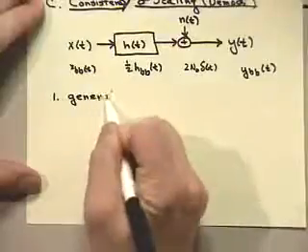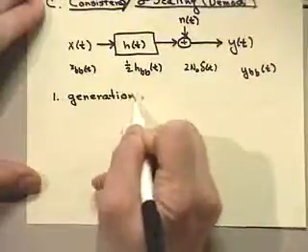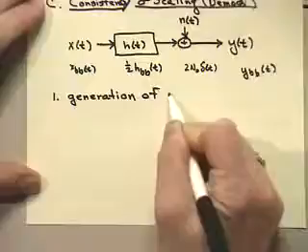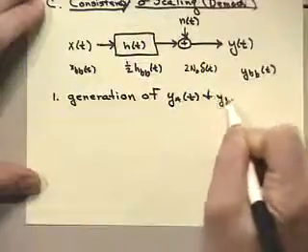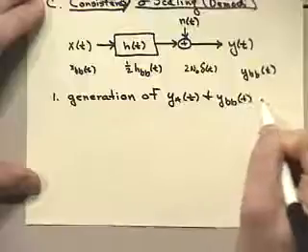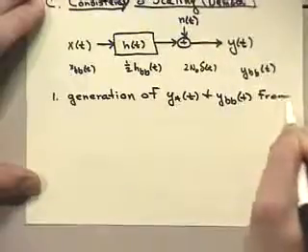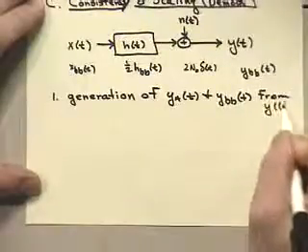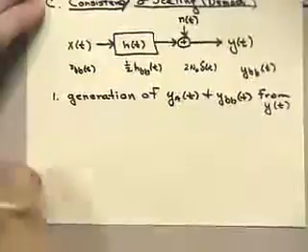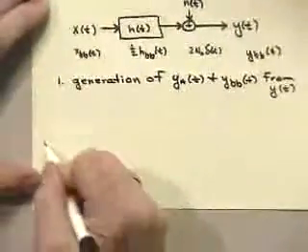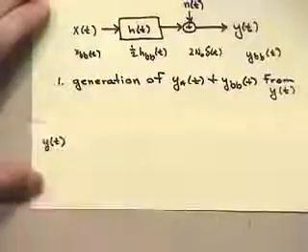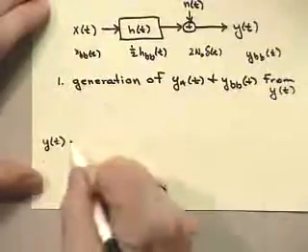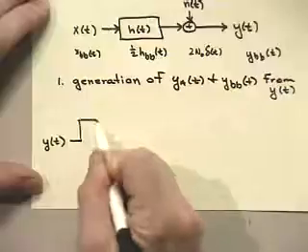So let's talk about generation of YA of t and YBB of t from y of t, because what we really have is y of t. So I start my receiver with y of t. It's not too hard to fake an analytic signal.